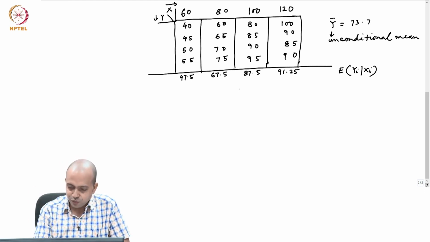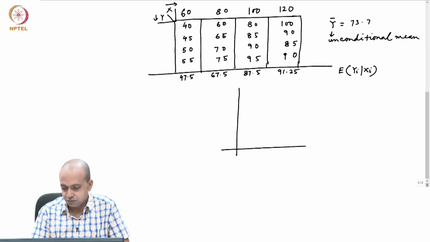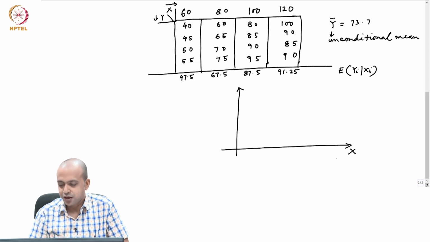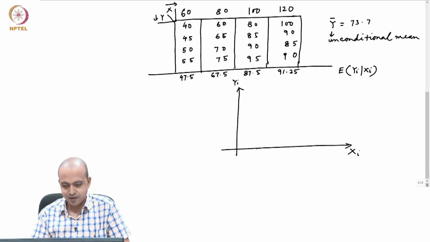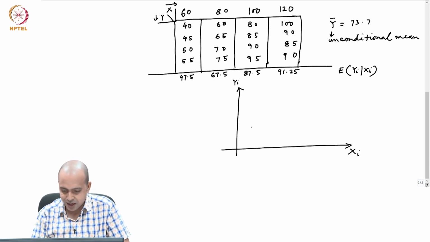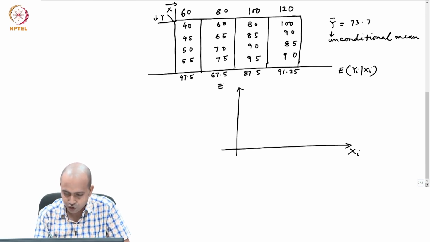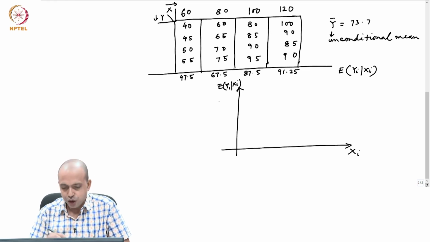Now, in a simple 2-dimensional diagram, if I plot xi on the x axis and the expectation of yi given xi on the y axis, I am just plotting these conditional means.